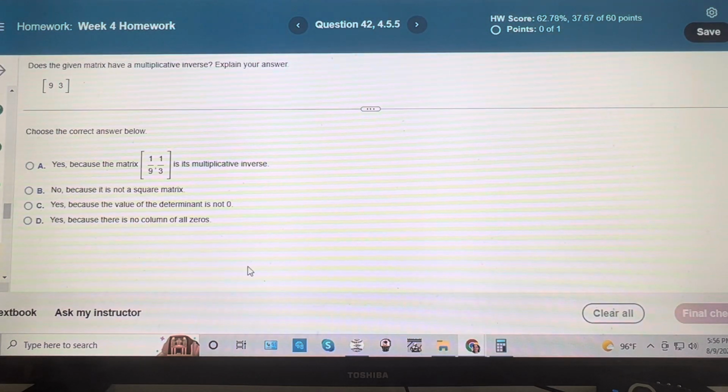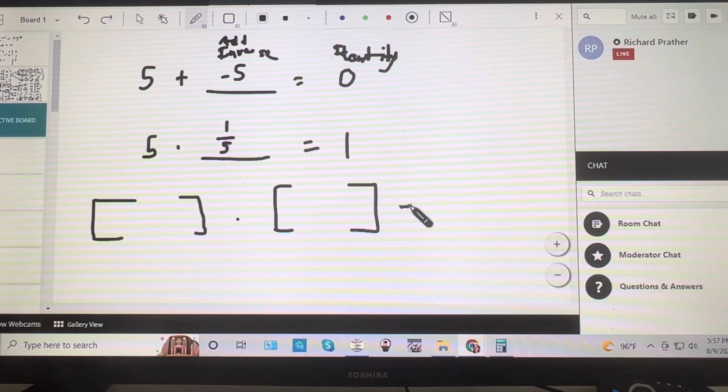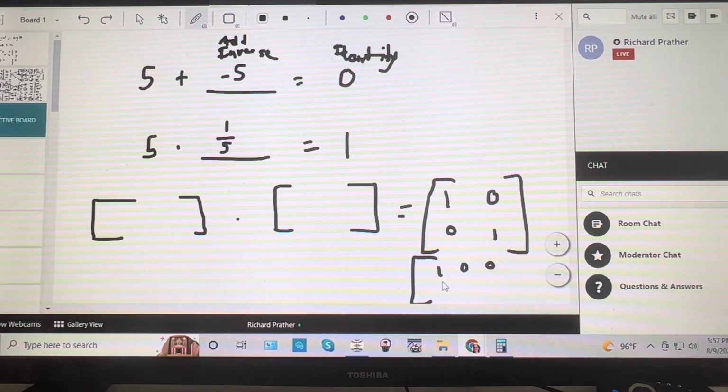So what we're going to build up to is the inverse of a matrix. If you want something to be an inverse of a matrix, the original matrix times the possible inverse would have to have an answer that went 1, 0, 0, 1 if it's 2 by 2, or 1, 0, 0, 0, 1, 0, 0, 0, 1 if it's 3 by 3.